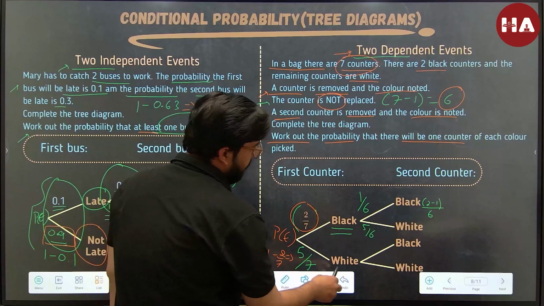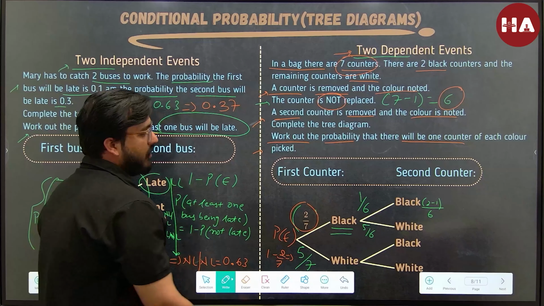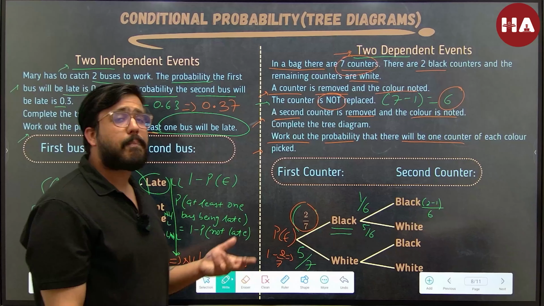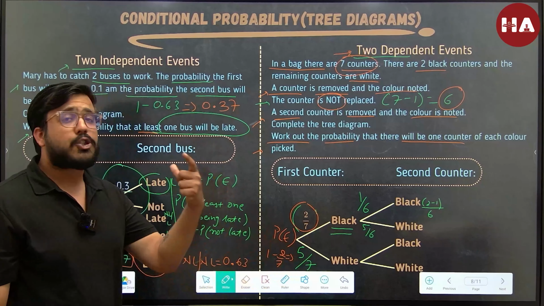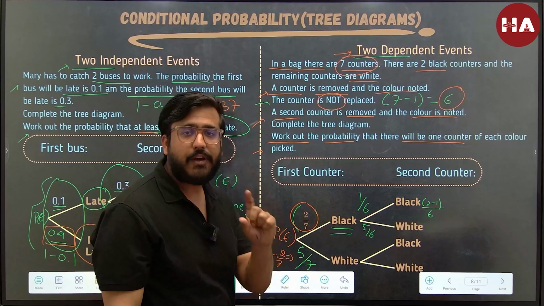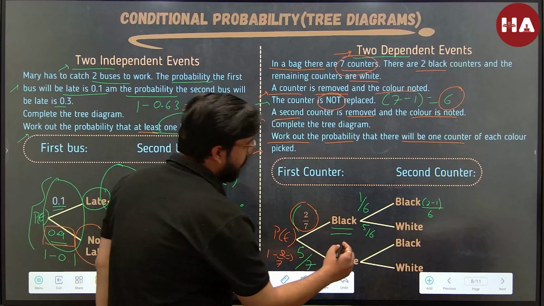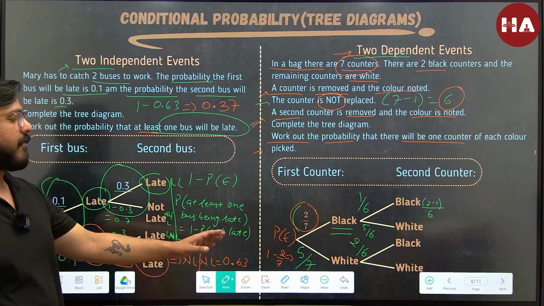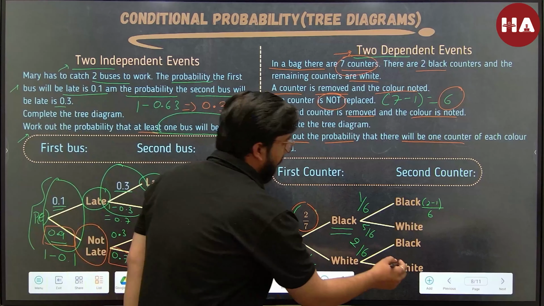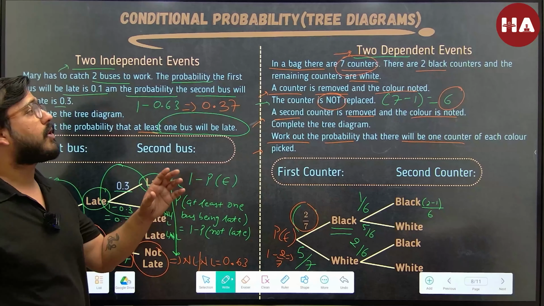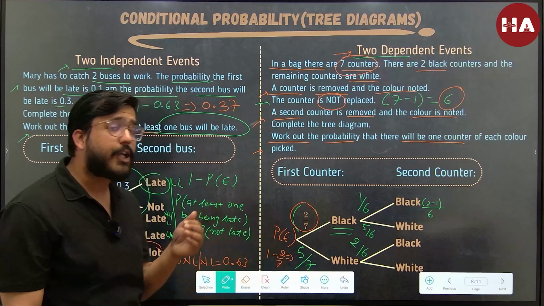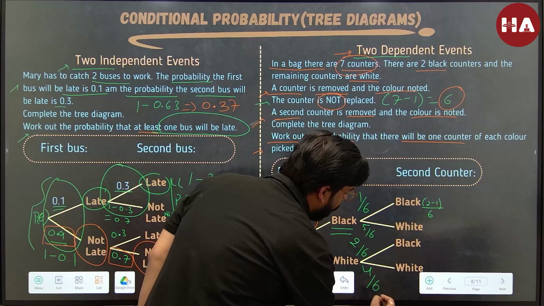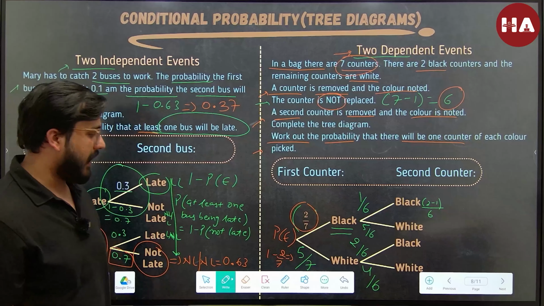Similarly, if I had a white counter first, then the probability of black counter: the favorable outcome after picking a white counter, the number of counters for black will be the same. So I can write the probability as 2/6. Similarly, for white and white, the number of favorable outcomes for white counters has been reduced by 1, so the favorable outcomes come to 4/6.